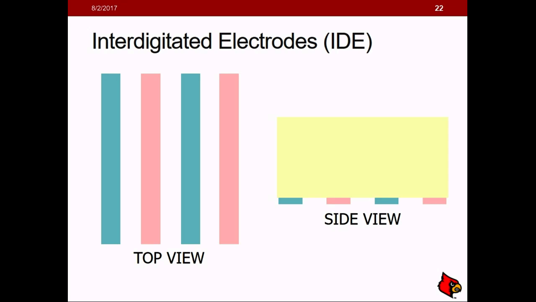Now, for dielectrophoresis in general, recall that it's the gradient of the electric field squared. So you can imagine the electric field lines would probably look something like this between the electrodes. So where's the greatest non-uniformity as well as the greatest electric field strength?